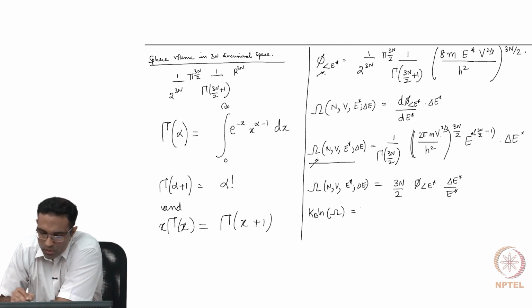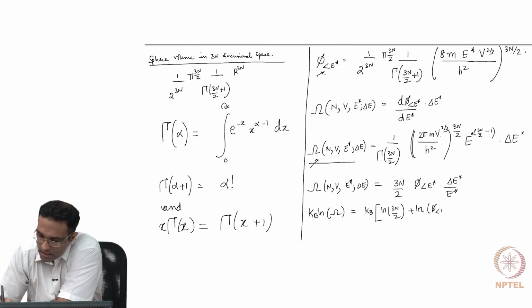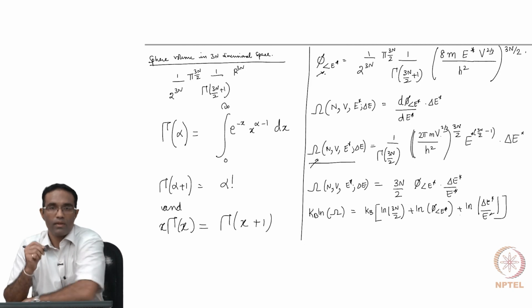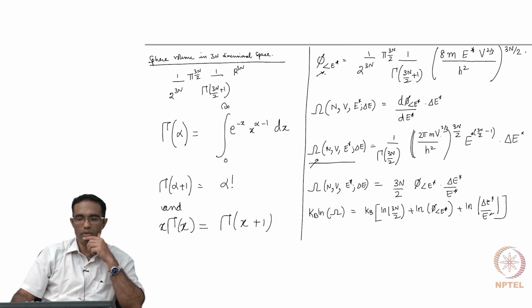So what happens when you take Kb ln omega on both sides? You get ln of this entire term, which is ln of 3N by 2 plus ln of phi less than E star plus ln of delta E star by E star. Correct?